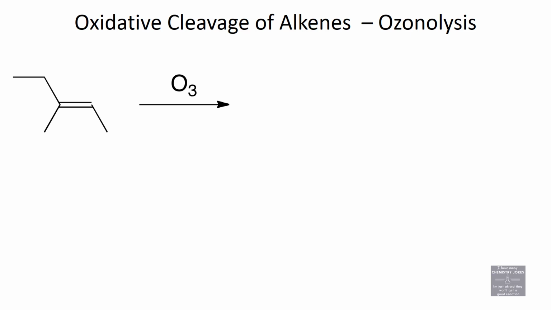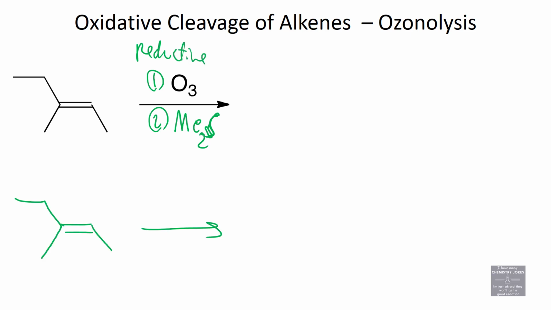Okay. The take-home message: in order to predict products of ozonolysis, you need to know if it's ozonolysis with oxidative or reductive workup. This one is reductive. This one is oxidative. The net result is you karate chop that alkene.